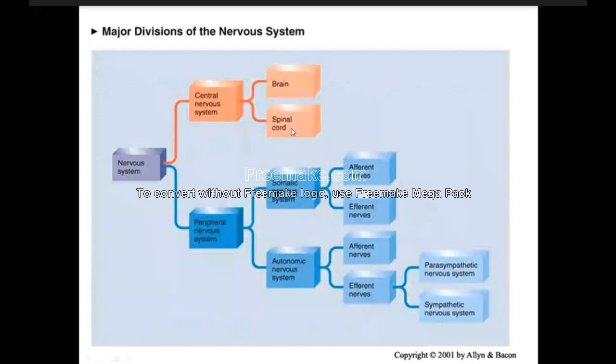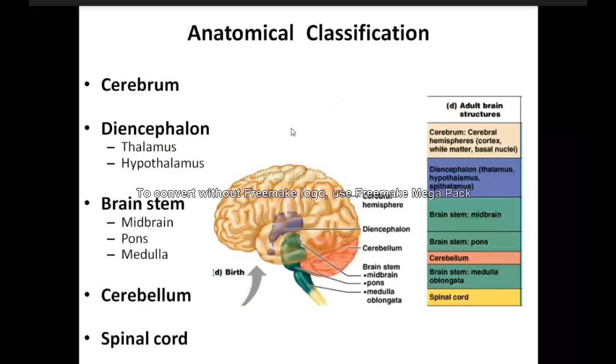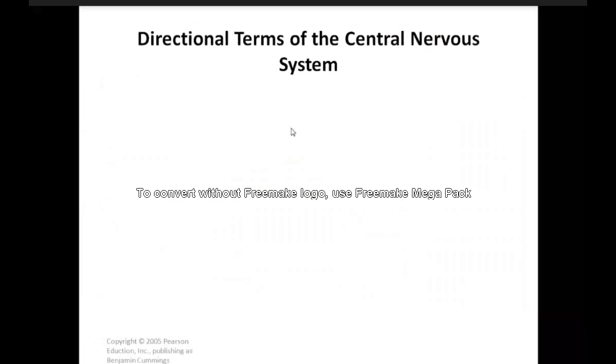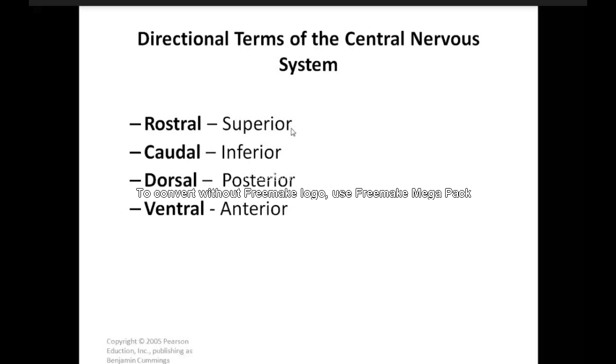The central nervous system consists of brain and spinal cord, which you must know, and how you are going to study the different parts: it is divided into the cerebrum, then diencephalon, brainstem, cerebellum, and the spinal cord. The terminology you should know: rostral, caudal, dorsal, and ventral. Then the organization of the white matter and the gray matter.